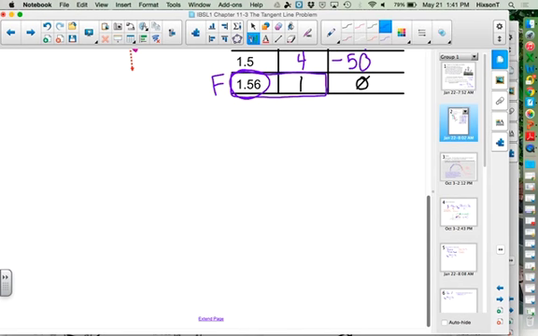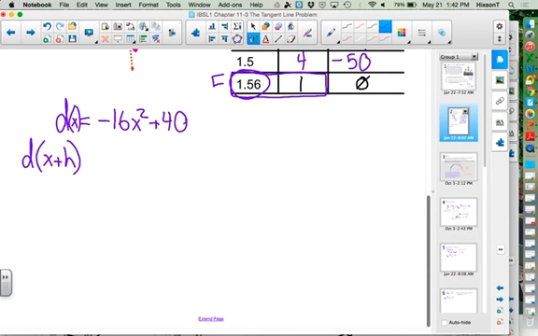Our function was negative 16x squared plus 40, right? So at any given point, d, we want the derivative. So let's say that's d of x. What would d of x plus h be?